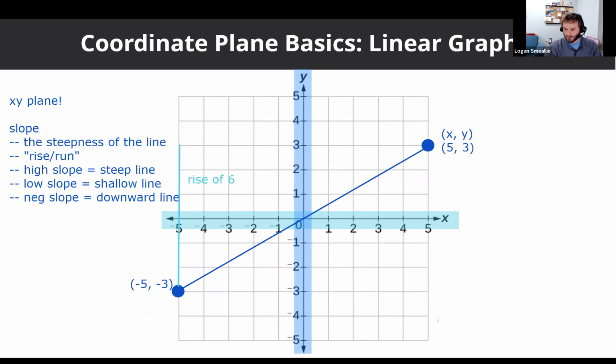And we likewise went over from -5 to 5. We went over by 10, or a run of 10. So our rise over run in this case would be 6 over 10, or we could call that 3/5. Okay. 6 up, 10 over. So as this line keeps going forever, it's going to always go up 3 over 5 or up 6 over 10. And it's going to keep doing that all the way to the right, all the way to the left. It's going to have the same slope forever.